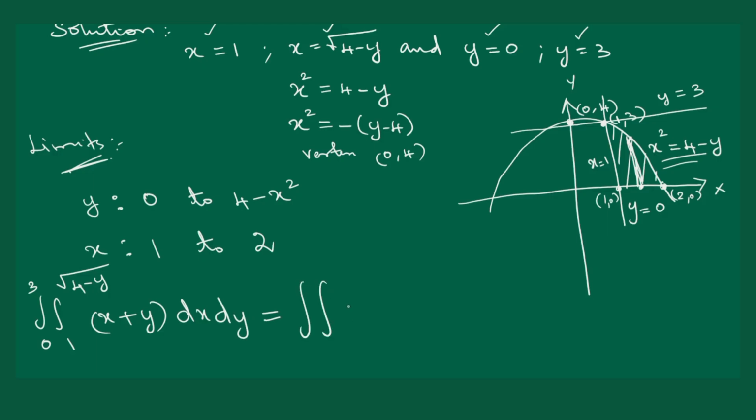By changing the order of integration, we have to write it as x plus y, dy dx, and the limits for y are 0 to 4 minus x square, and for x it is 1 to 2. So now we have to do the integration only for these new limits, right?